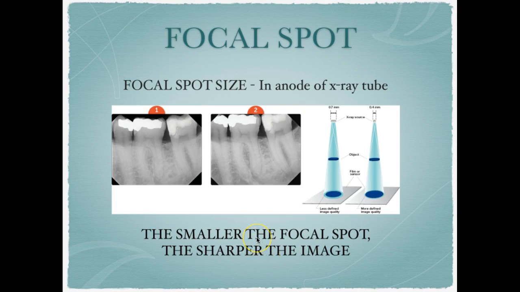So now, in the anode of the X-ray tube, the focal spots are very small. They're an area on the tungsten target, and because they're small, they give you a sharper, more defined quality image.